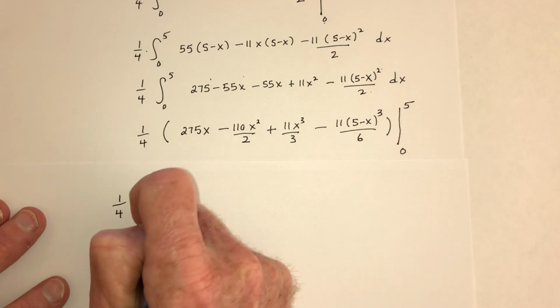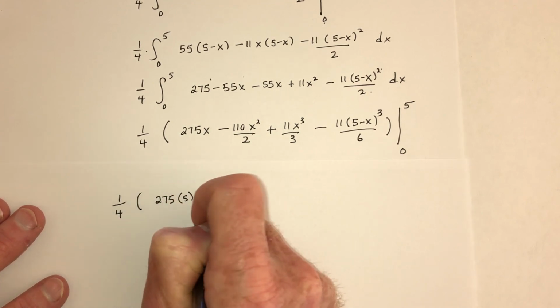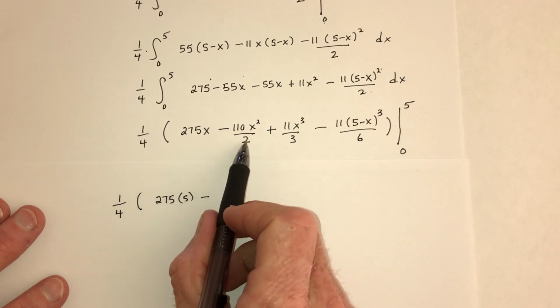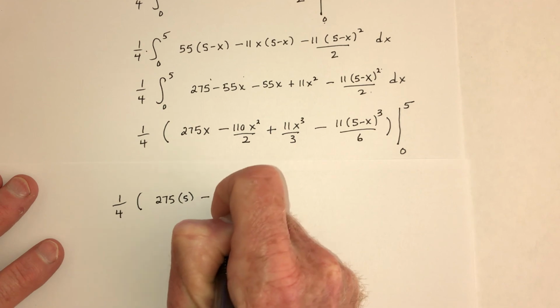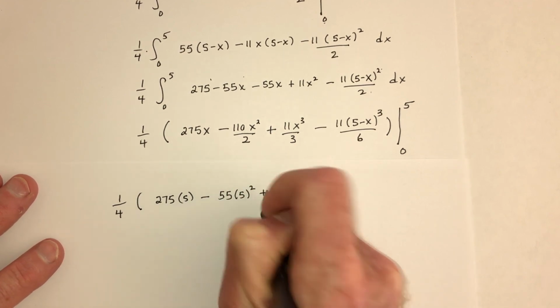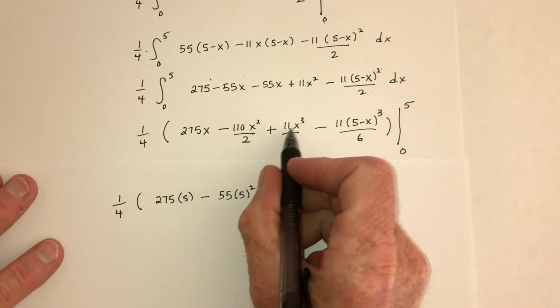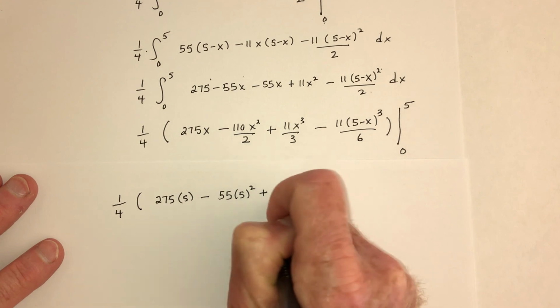Substituting the 5 means that we have 275 times 5 minus 110 divided by 2, that's 55, times 5 squared, plus an 11 times 5 cubed over 3.